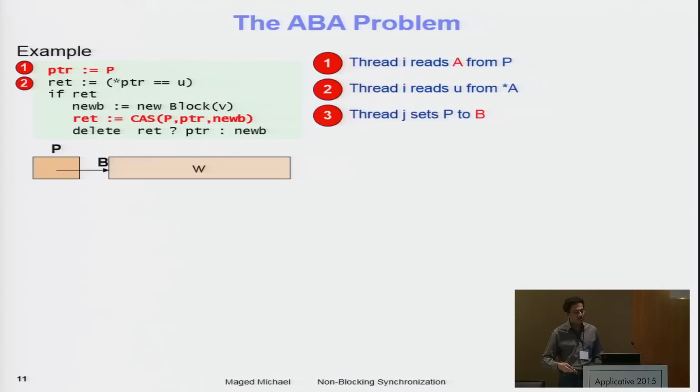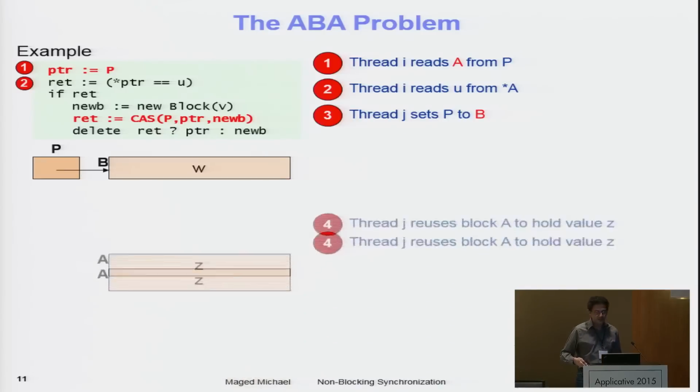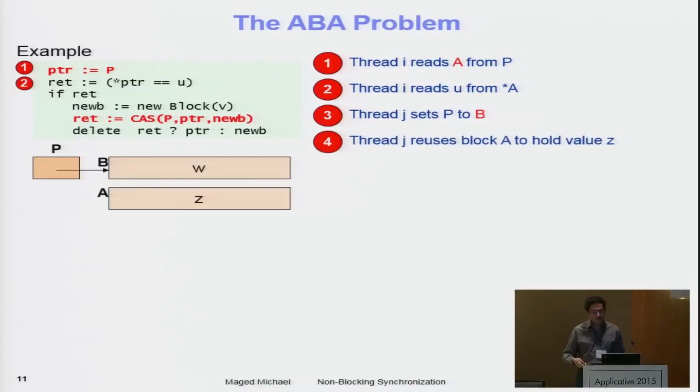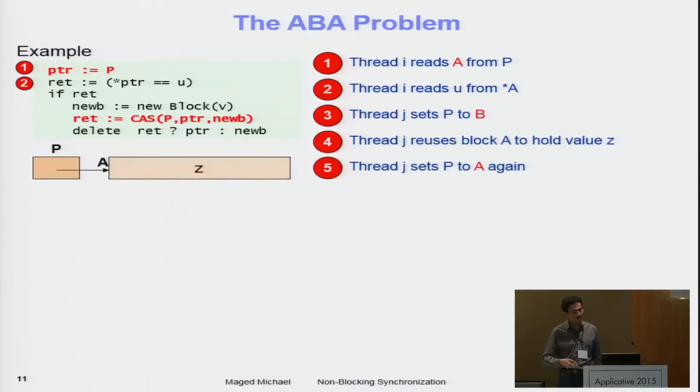In the meantime, you have a thread J that changes the value of pointer P to a block B that has the value W, different from U. And now thread J reuses block A to hold the value Z, not U. Now the value is Z in block A. And it succeeds. It's running alone. Everything is going fine for thread J, but thread I is asleep. So now it succeeds, and it sets pointer P to A again.